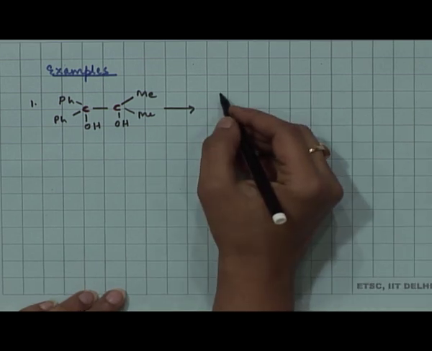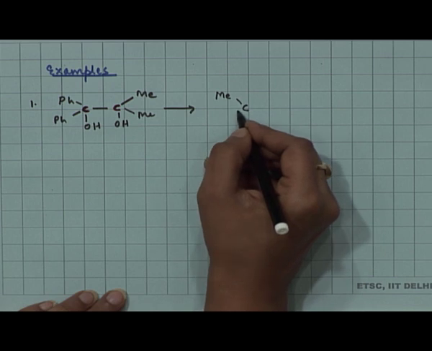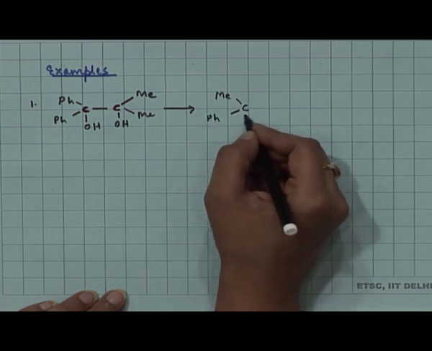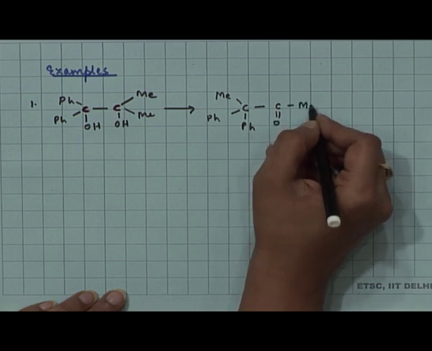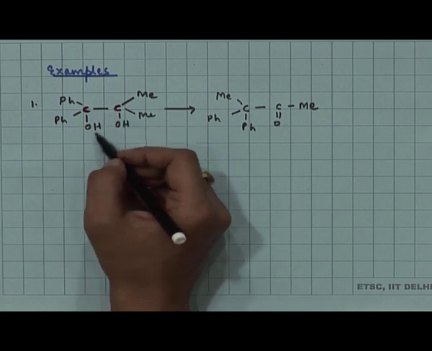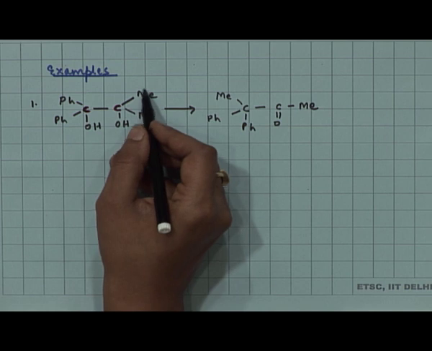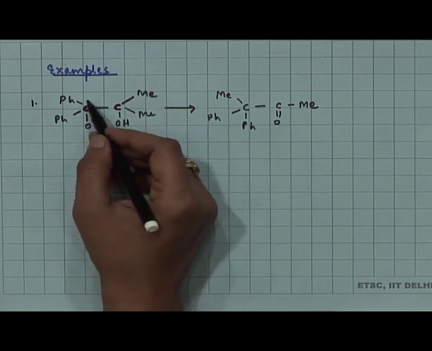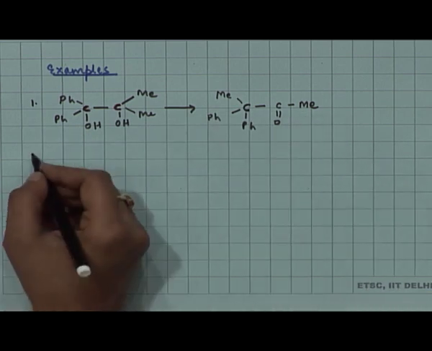So, the question is which is the major product. If you consider all the three factors, then the major product which should form is this ketone. Between this and this, the most stable carbocation is the one having two phenyl rings. If the positive charge is generated here, then a methyl group will migrate onto this carbon, and therefore it results in this ketone.